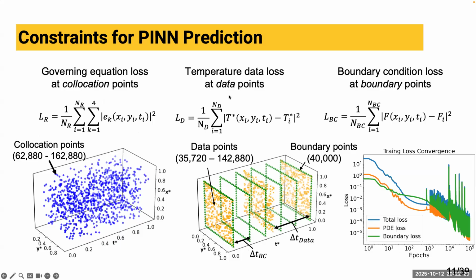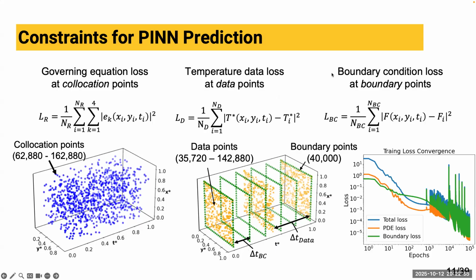And we also calculated the loss against the temperature data given. Basically, you calculate the difference between the prediction of temperature by the PINN and the temperature data we provided using the CFD simulation. And this data loss is calculated on data points, which are shown as yellow symbols.